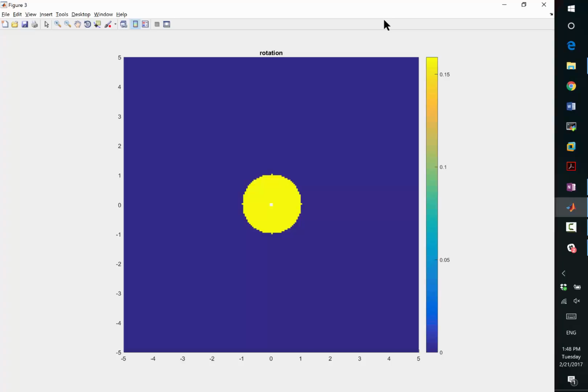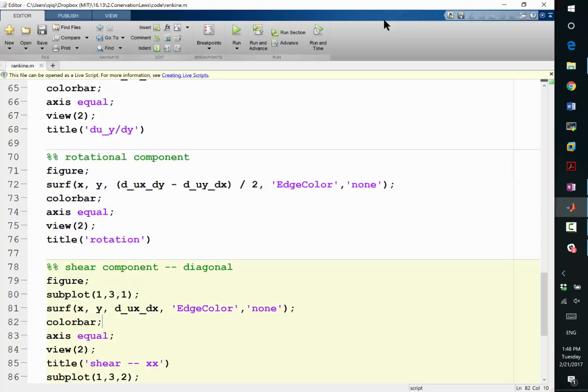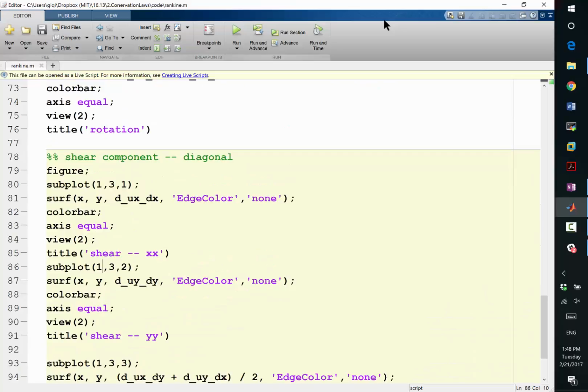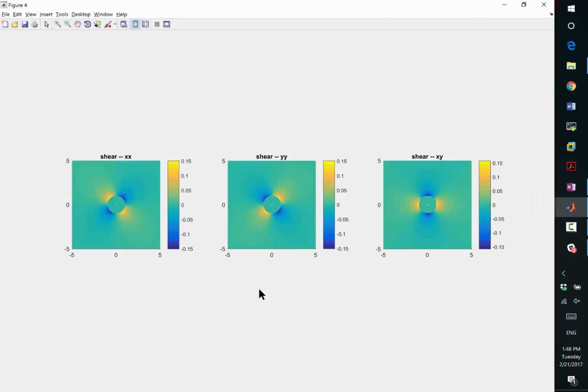How many degrees of freedom for this 2x2 matrix does the symmetric part have? 3, right? So let's take a look at them one by one. 2 of them are diagonal, 1 is off diagonal. The shear component, diagonal and off diagonal, we plot all of them together. So we have xx, yy, and xy components of the symmetric part of the tensor.